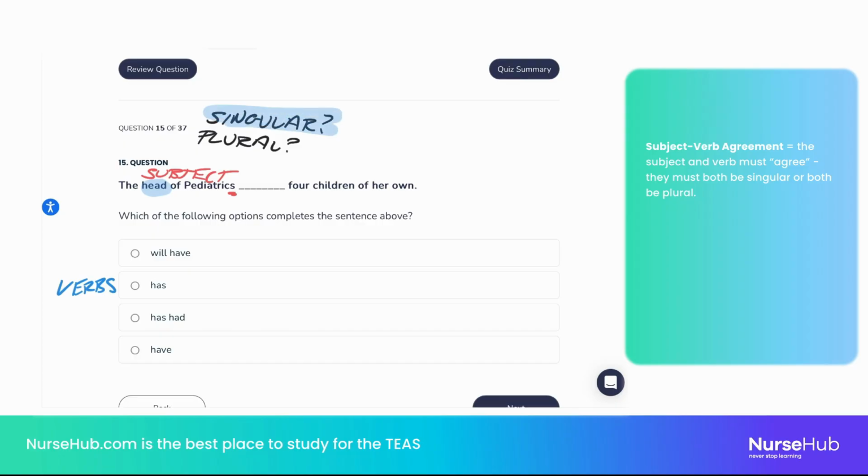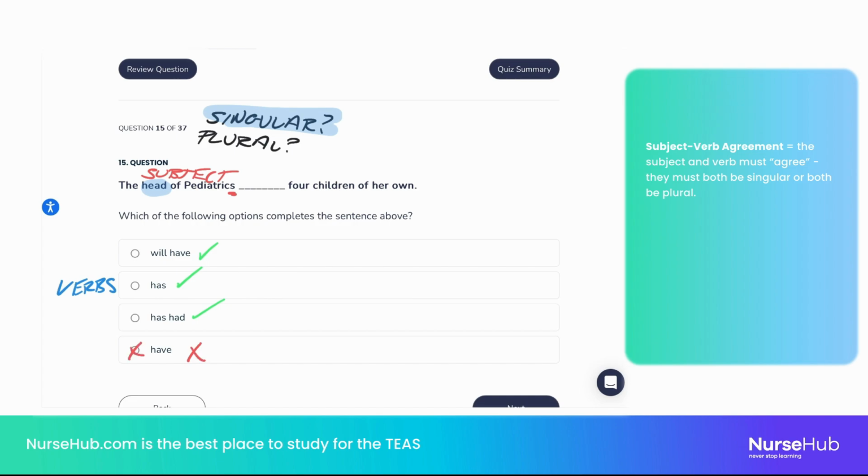Now, so these have to be singular, right? So let's take a look. Which ones are singular, right? First one, will have, is singular. Has, that is singular. Has had is singular. Ooh, have, no good. So we already crossed one off.